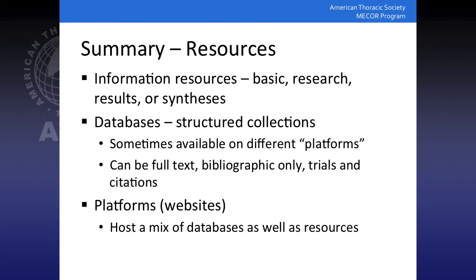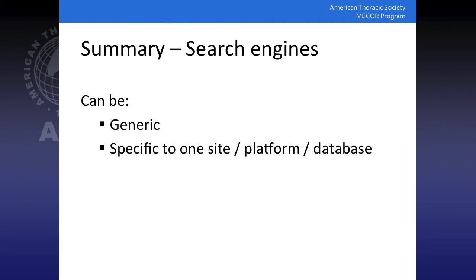Platforms or websites that host information resources could host a mix of databases as well as resources, or could host just one single resource. Search engines could be generic, going out crawling the whole of the web or part of the web. They could be specific to one site, platform or database.